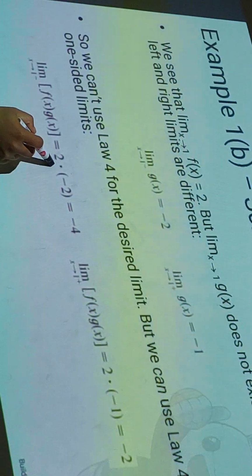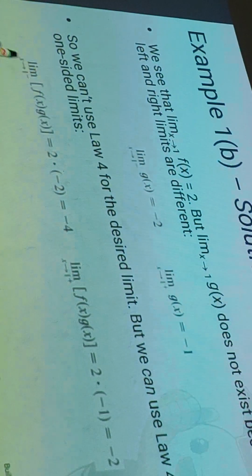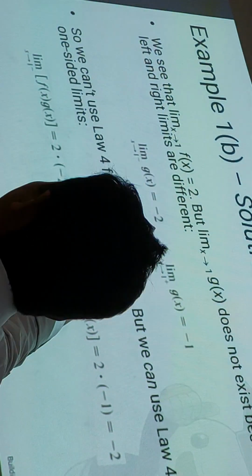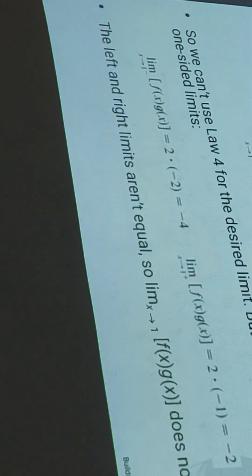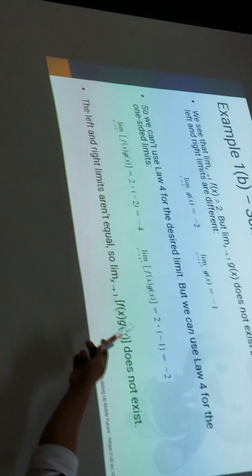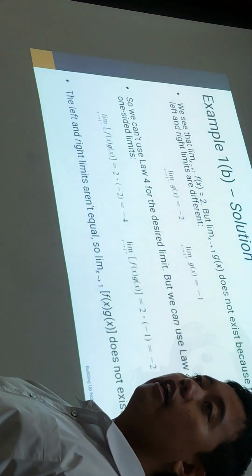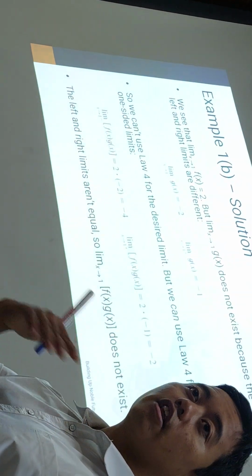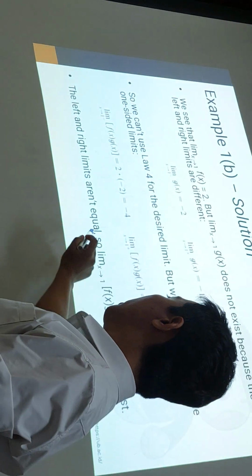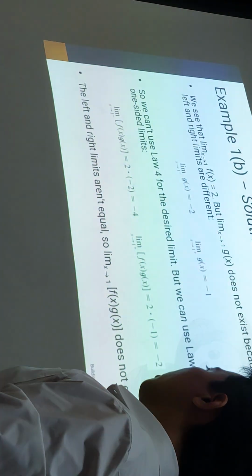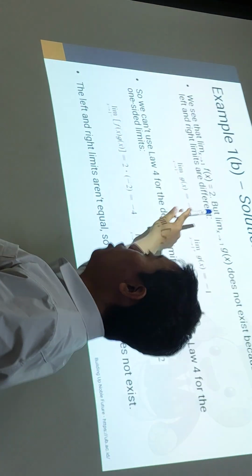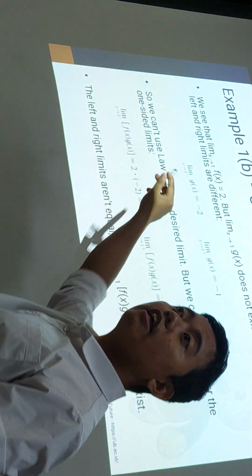f(x) equal to 2 and g(x) equal to negative, for the first question, and then second is equal to... so limit this one does not exist because these two results are not equal. So that's why we define limit x to 1, g(x) does not exist, because from these two the result is not equal.